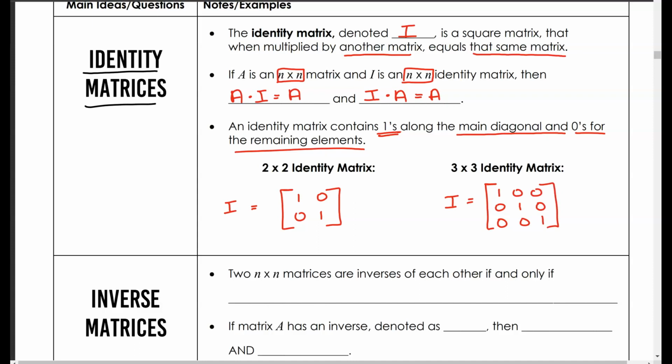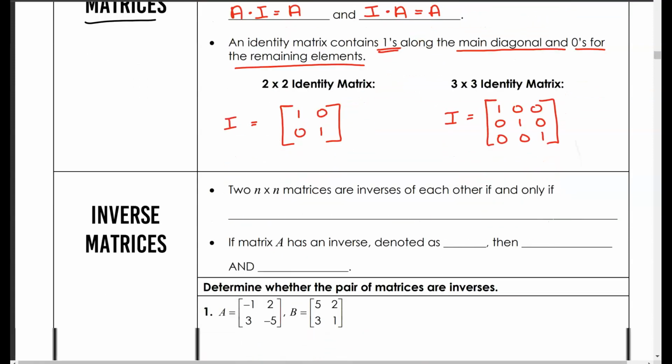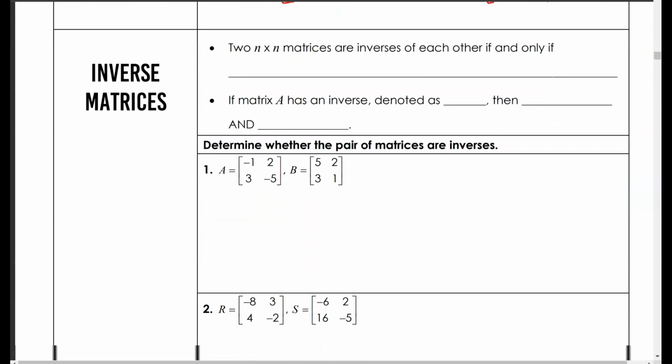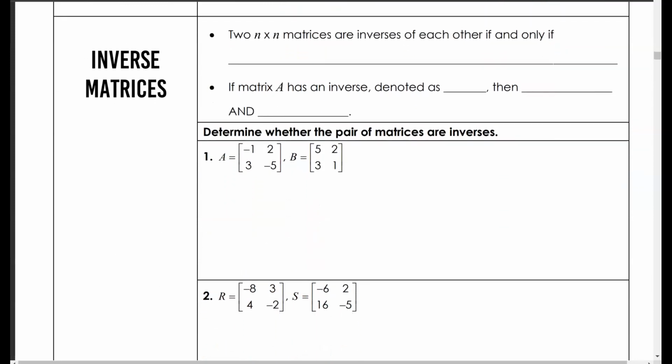Okay. Now that we have identified what the identity matrix is, let's take a look at what inverses would be. So two n by n matrices, we're looking at square matrices, are inverses of each other if and only if their product in both orders, right?